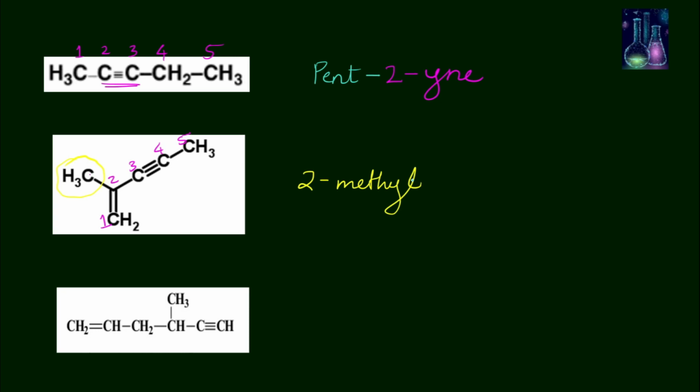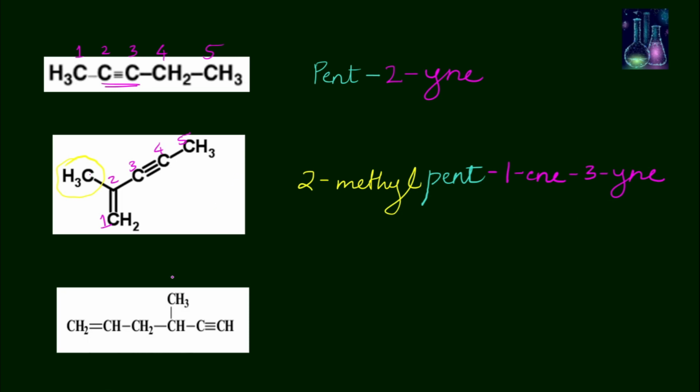The parent chain contains 5 carbons, therefore pent. The first double bond is between the first and second carbon, therefore 1-ene, and the 3rd and 4th carbons have a carbon-carbon triple bond, therefore it will be 3-yne. So this becomes the name of the molecule.